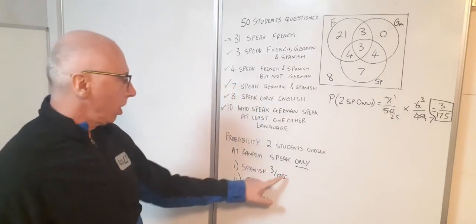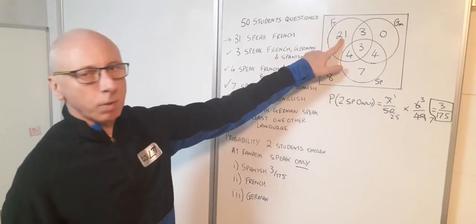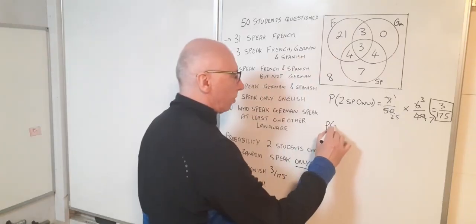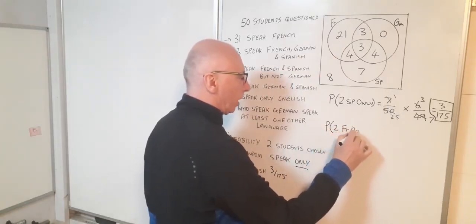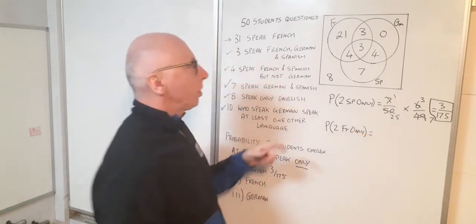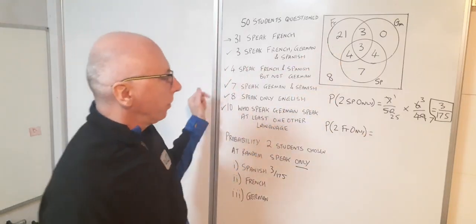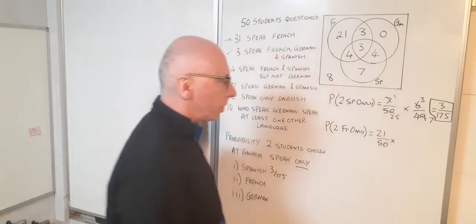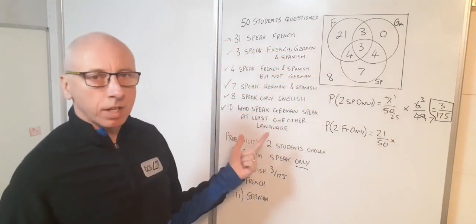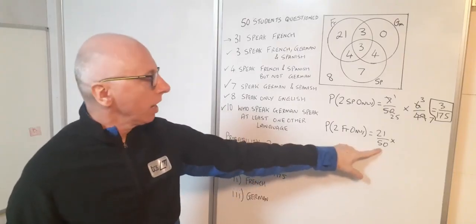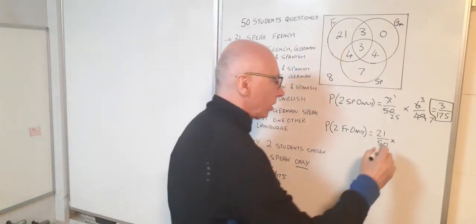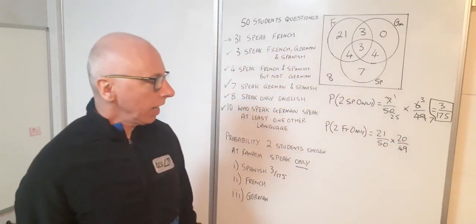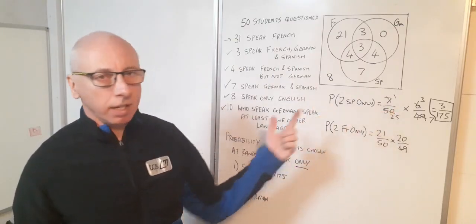Then French only. French only is this one. So I've got the same system again. Probability 2 people French only. First person chosen will be 21 out of the 50 students. That's my chance of that one being chosen. And then secondly, the next time I choose someone, there's only 49 left and 1 less person that speaks French only. So then I've got 20 out of 49. Now I've got to do some cancelling like I did here and simplify.